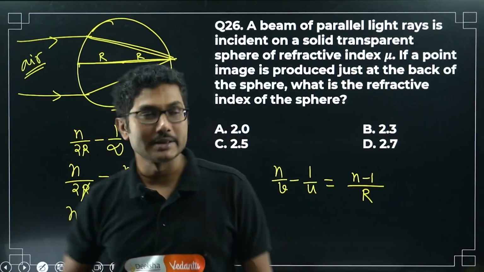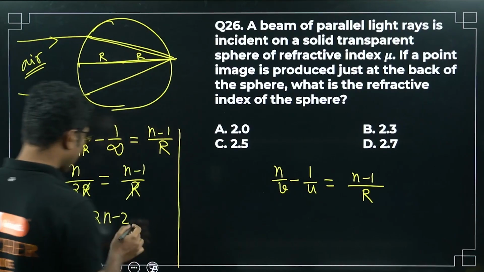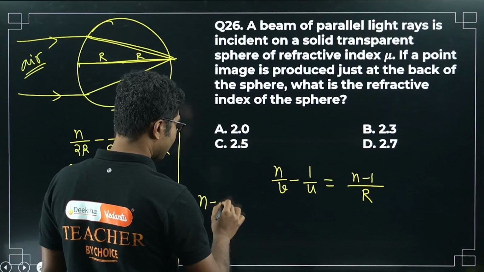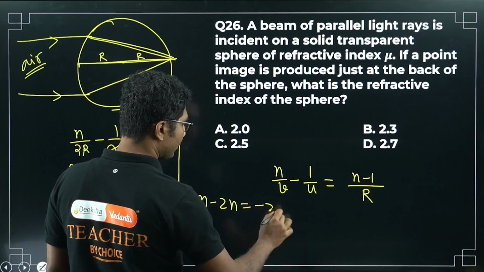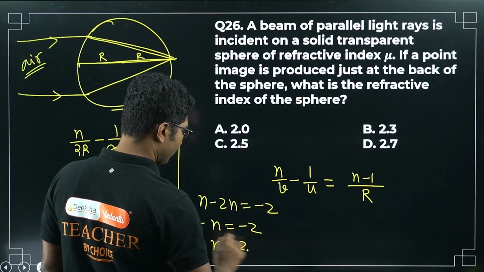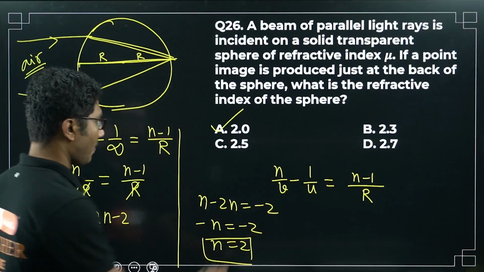We are assuming that this is air, that's why we have considered this to be 1. So now we have to find the value of n from this equation. So n minus 2n equals minus 2, or minus n equals minus 2, or n equals 2. So 2 is the correct answer.